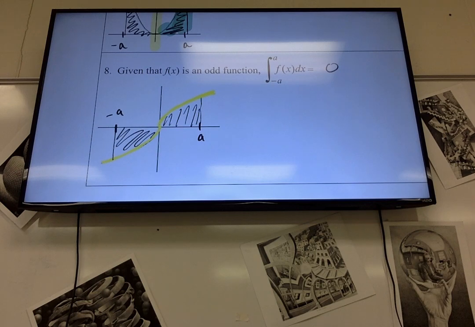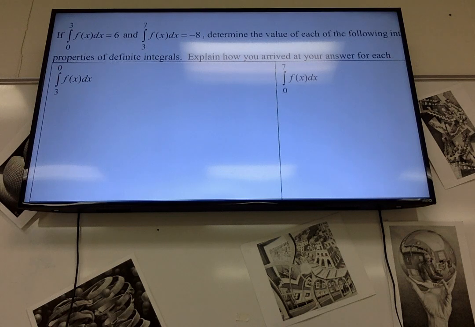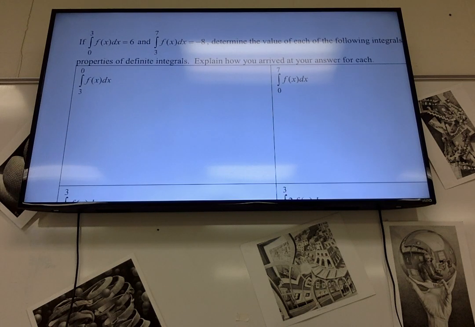Okay, so this happens a lot, where on the next page, up at the top, they give us some information. They don't tell us what f of x is, but they tell us that the integral from 0 to 3 is 6, and then when I go from 3 to 7, it's negative 8.